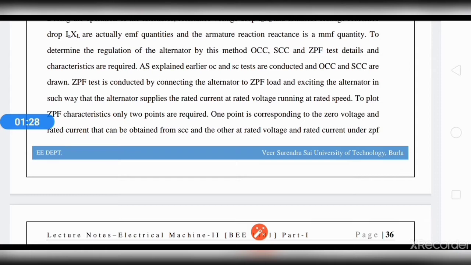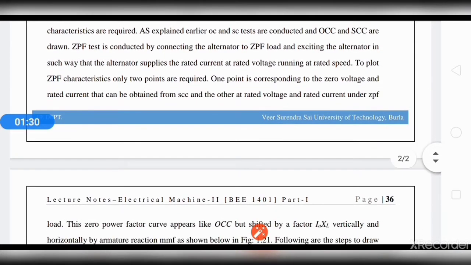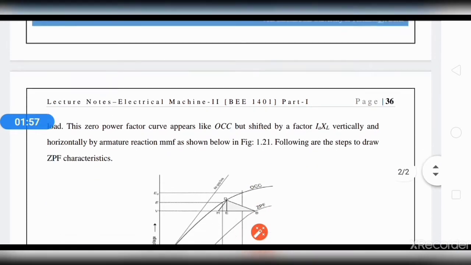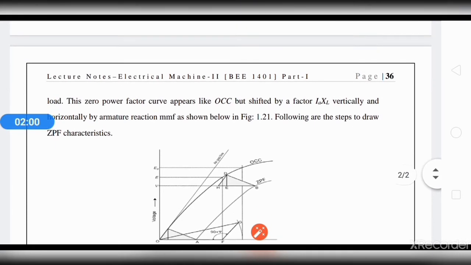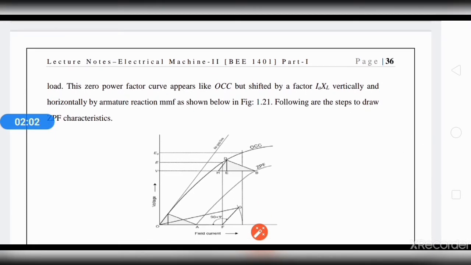One point corresponds to zero voltage and rated current, which can be obtained from the short circuit characteristic, and the other is rated voltage and rated current under zero power factor load. So this zero power factor curve appears to be like the OCC characteristic but shifted by a factor IAXL vertically.